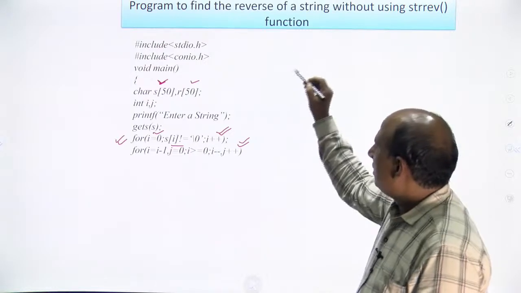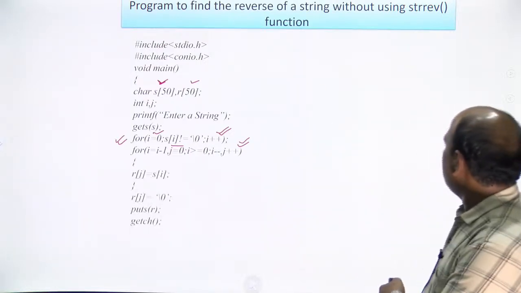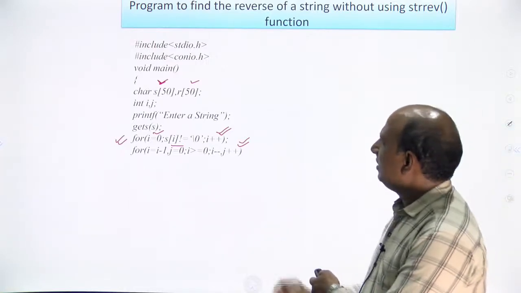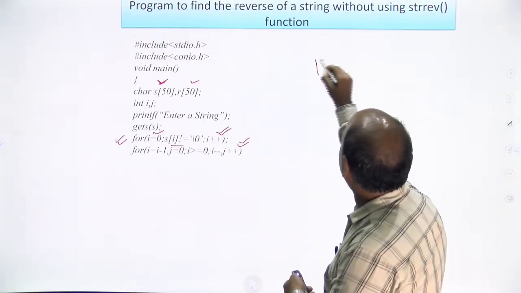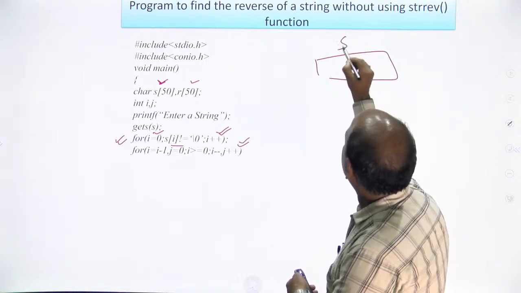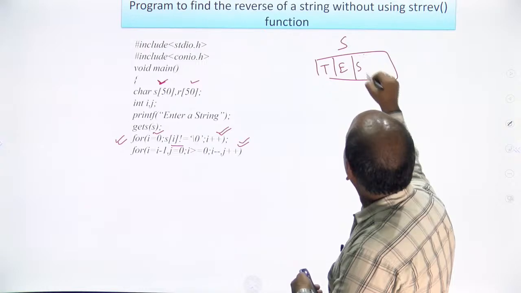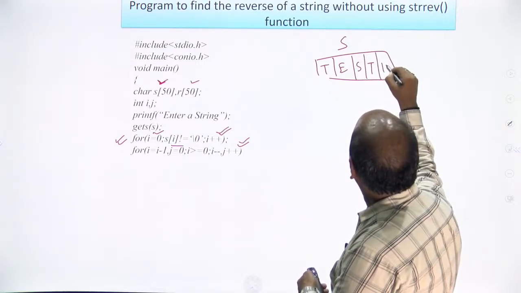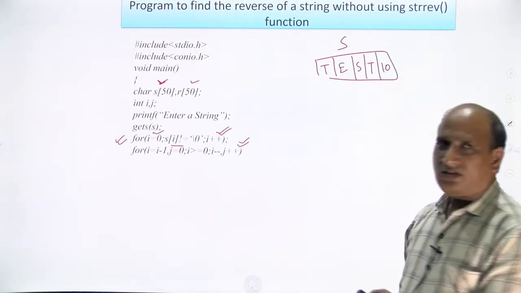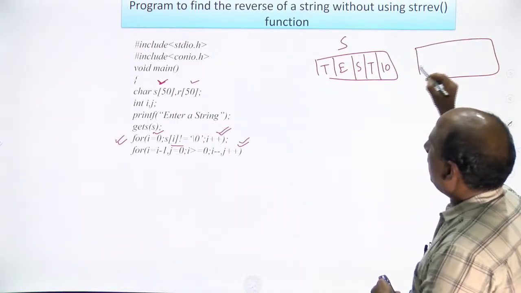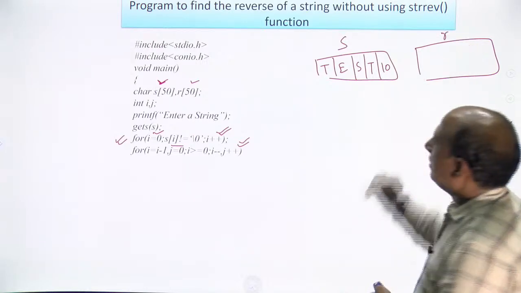Since I have input a string, let's say test, this S has the string TEST, and at the last it will be \0, and I want to reverse it and put it into the R array.